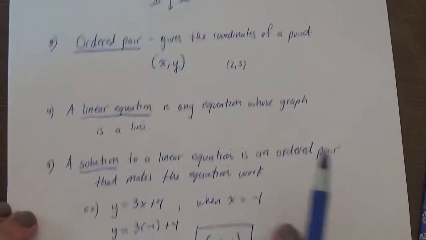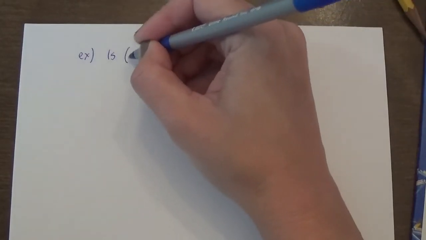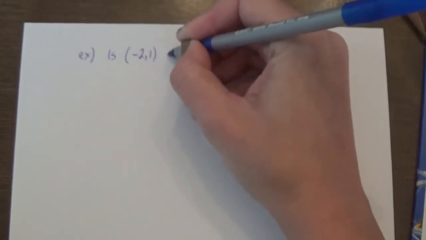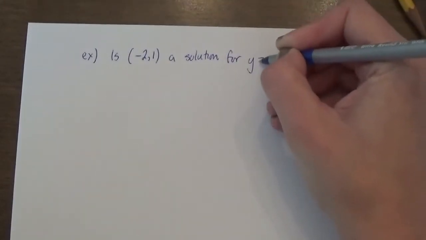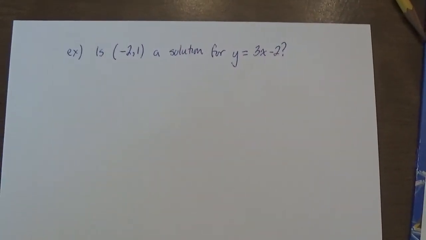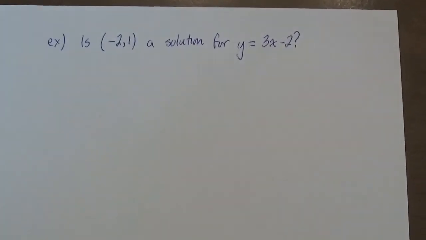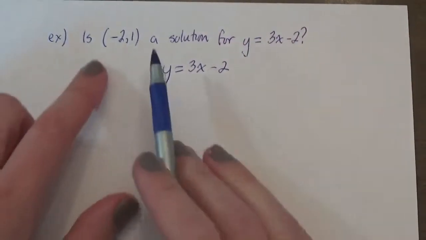All right, let's try another one. Now they could ask you, for example, is -2, 1 a solution for y equals 3x minus 2? So if that's the question, you're supposed to figure out, well, if I take my equation, you just have to plug the numbers in the right spots.